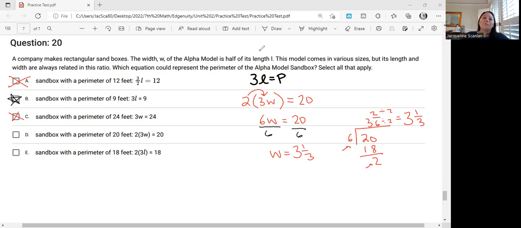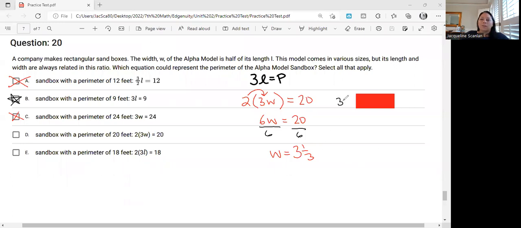So in order for me to see if this is correct, I am going to draw my rectangle. And I'm going to say that the width is 3 1/3. And this is half as long as the length, right? So if this is my length from here to here, and half as big of it is my width, and it's 3 1/3, that means my length would be 3 1/3 plus 3 1/3.